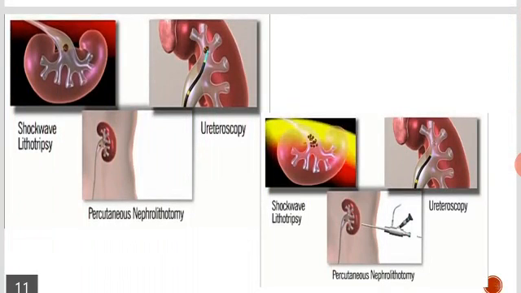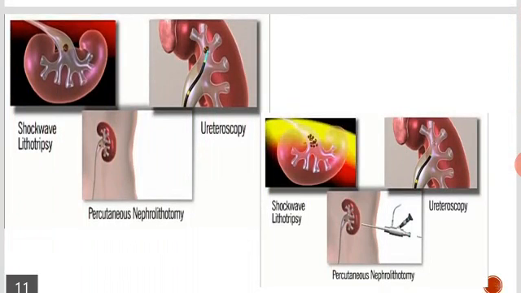Here, high energy shock waves are transmitted through water to break down the stone. General anesthesia is given for this method, and this is extracorporeal shockwave lithotripsy method.